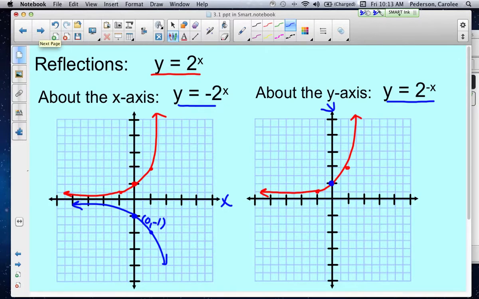Where's that going to go? Keep it in the red. If this is 1, 2, it's going to reflect about the y-axis, so it's going to be in the blue, negative 1, 2.